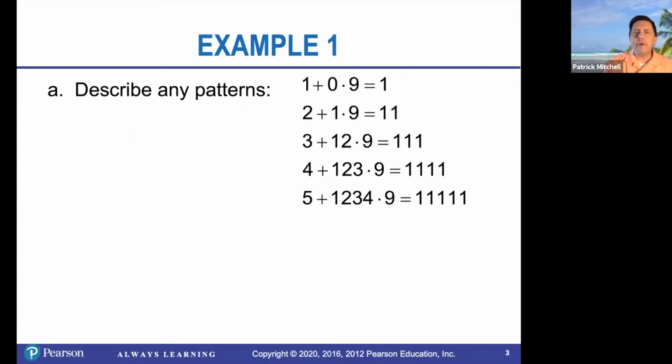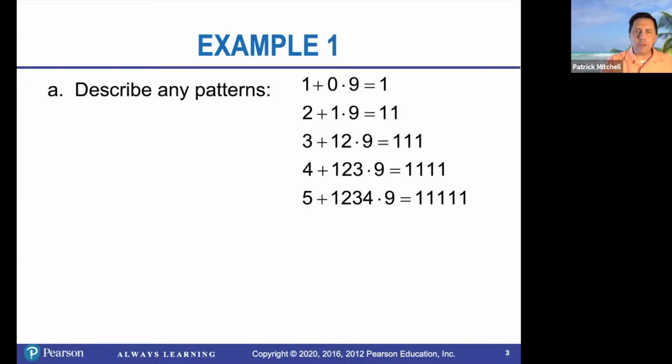So here's an example. They want us to describe any and all patterns that you see in this sequence of problems that you see here. And of course, there are several different answers. If you notice that each of these problems that's written down is an addition problem, that means that each of those equations has two addends, terms that are being added, and they also have a sum, which is the number on the right-hand side.